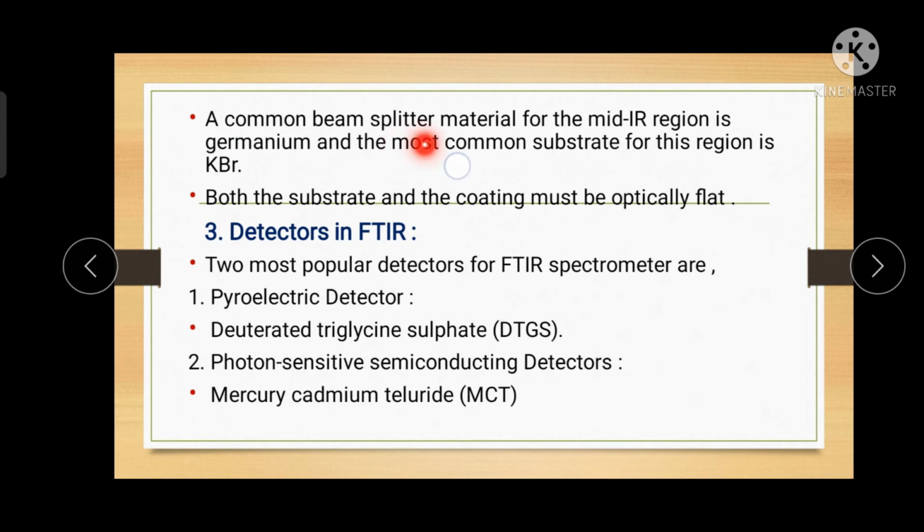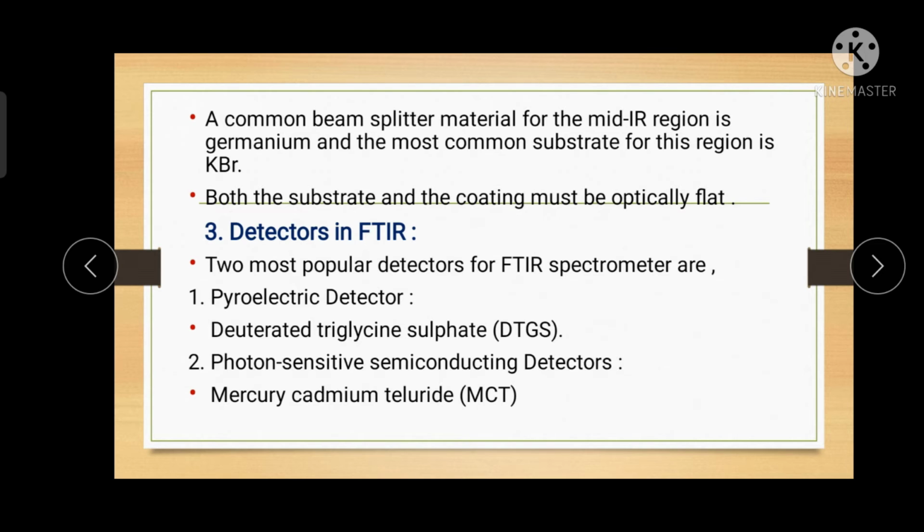A common beam splitter material for the mid-infrared region is germanium, and the most common substrate for this region is KBr. That means, as already mentioned, the beam splitter is made from a semiconductor material like germanium or silicon, constructed on an IR transparent substrate material.